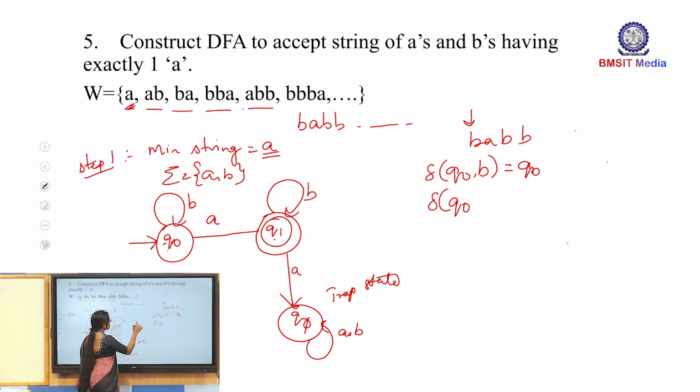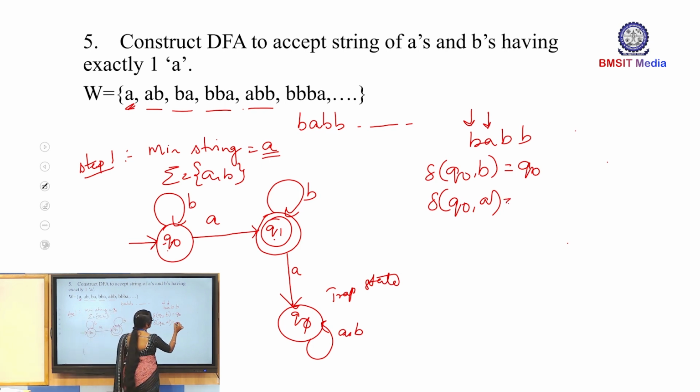What happens when I see the next input symbol, which is A? When I read an input symbol A, on seeing an A it makes a transition to Q1. So I'm in Q1. What happens when I see the third input symbol, which is B?